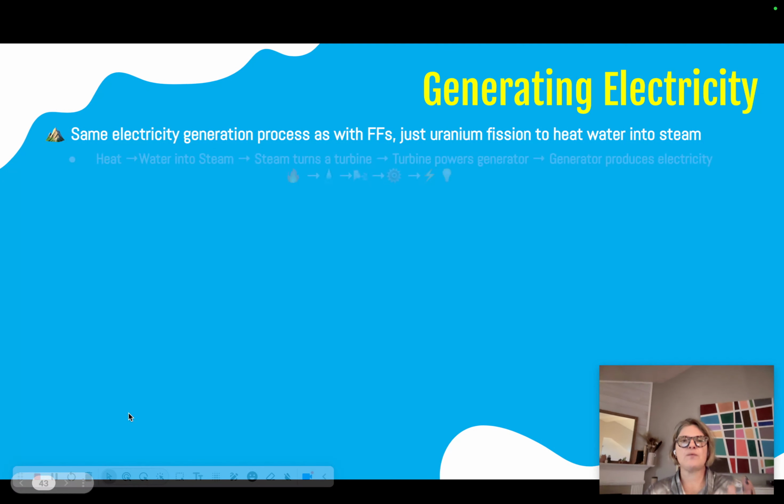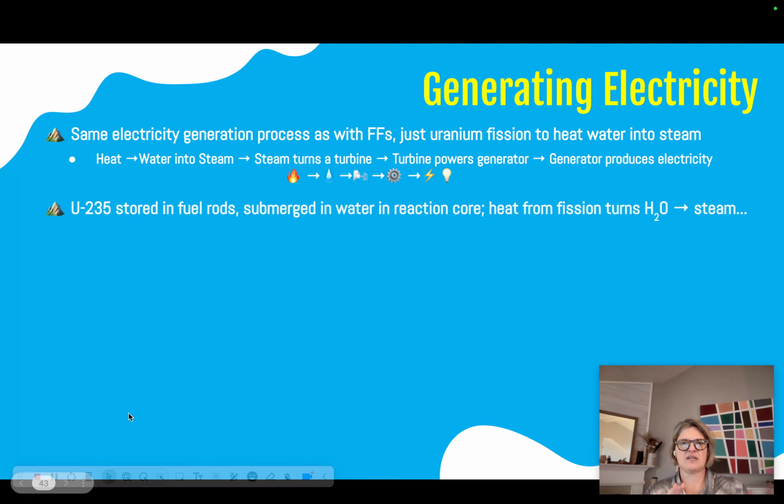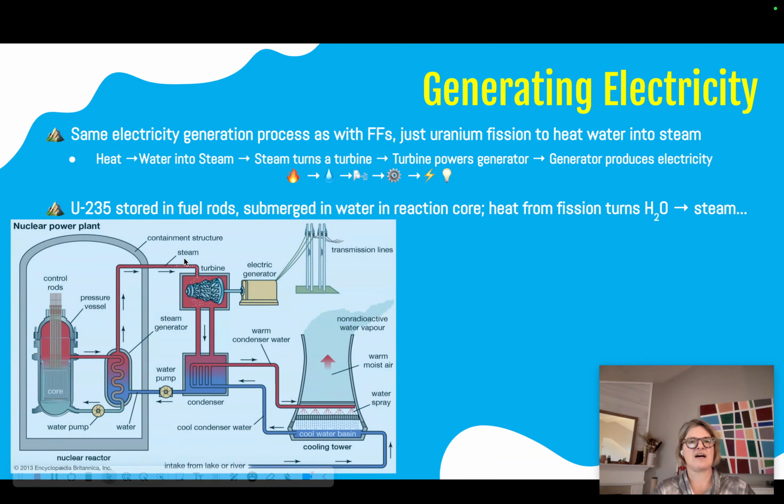Generating electricity. So, how do we use nuclear fusion, or sorry, not fusion, fission at this point to produce electricity? Well, it's exactly like we talked about with coal. We heat up water, and we heat up the water with rods of uranium 235.